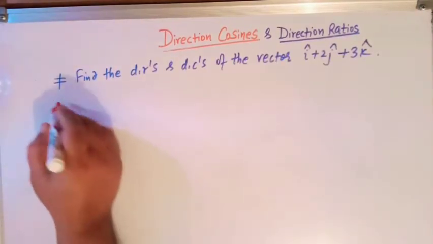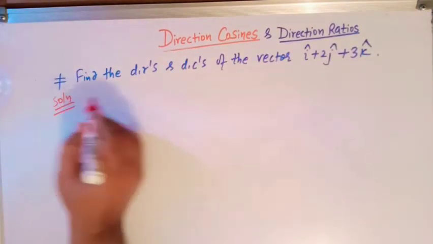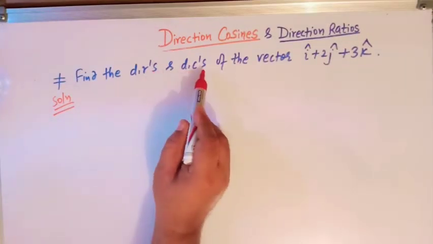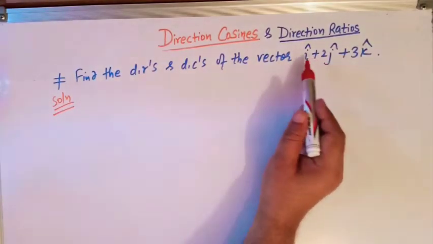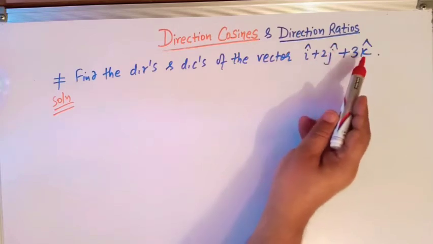Now viewers, let us take this important problem. Find the direction ratios and direction cosines of the vector i cap plus 2j cap plus 3k cap.